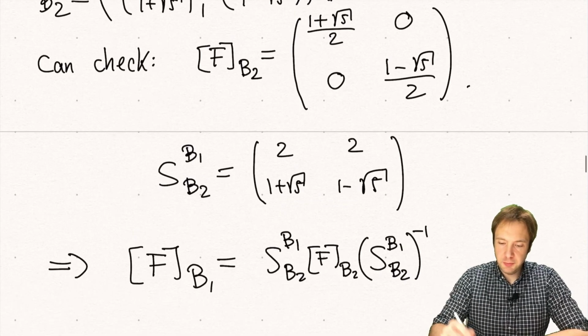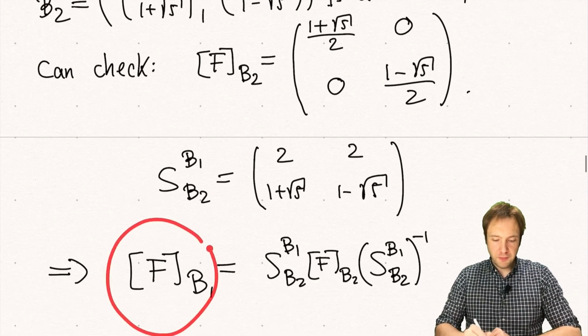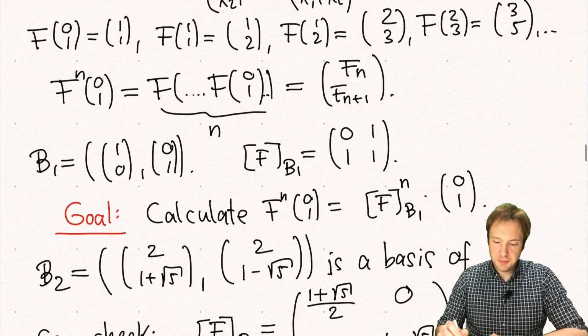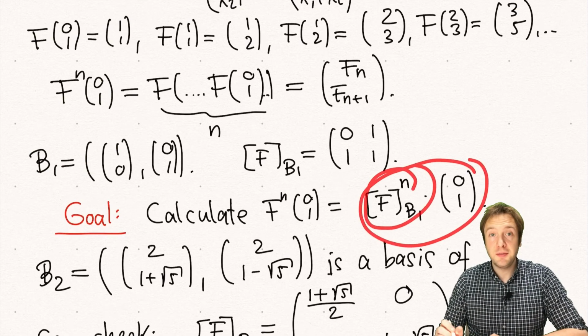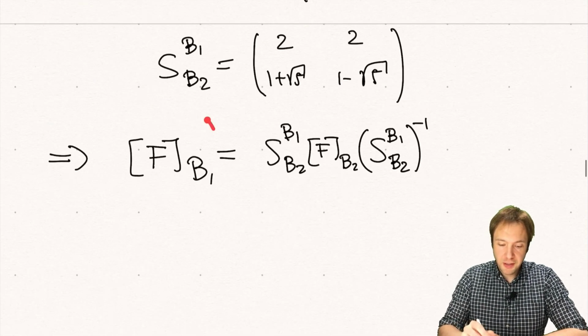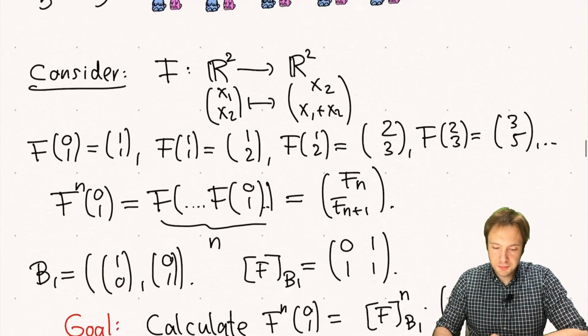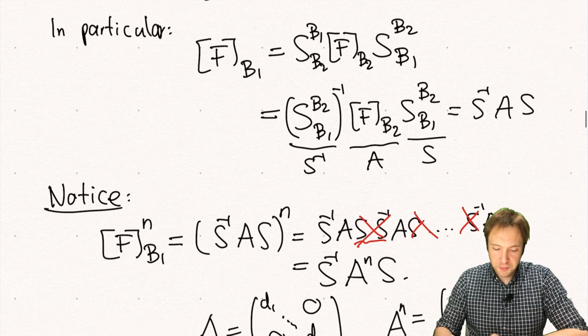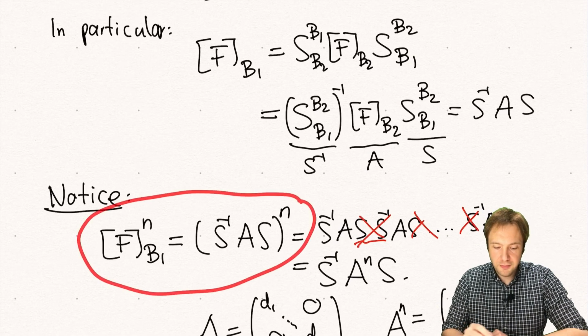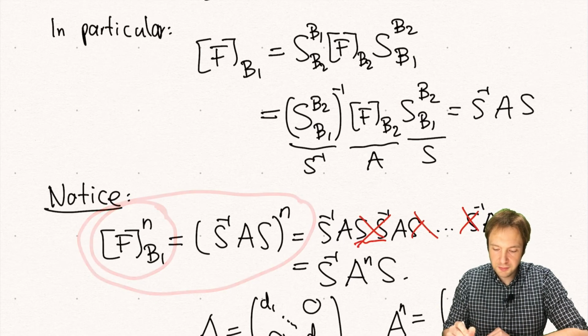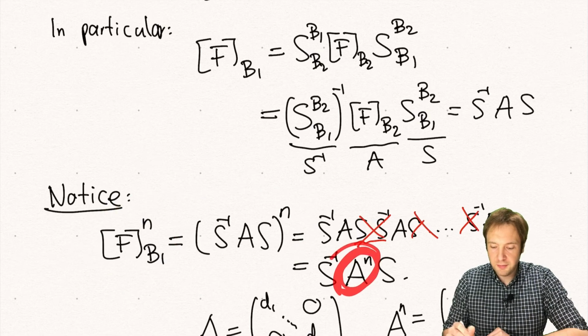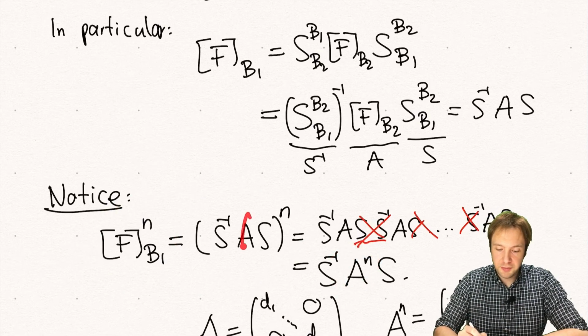And this is nice because for this matrix here, we want to calculate its nth power, and calculating the nth power of this just means we need to calculate the nth power of this. And we saw here, if we have something like this, the nth power of this just means I need to consider the nth power of this matrix here in the middle.